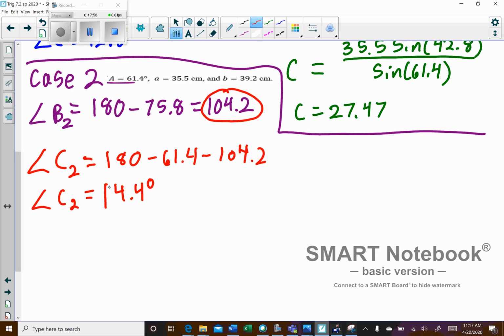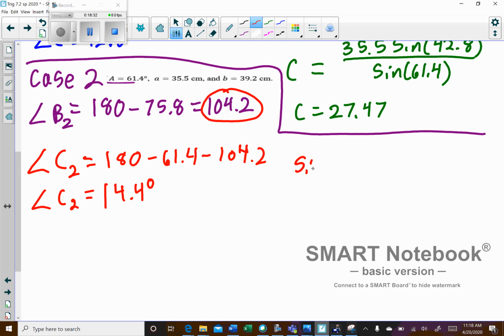Okay. So what I have so far in my case 2 is I have all my angles now. With the given conditions with angle A, side A, and side B, it'd be possible that my angle B would be 104.2 and my angle C would be 14.4. So basically at this point, I know there definitely is the possibility of two cases. Okay, so I need to go ahead and figure out side C. Once again, I'm going to do the law of sines again.